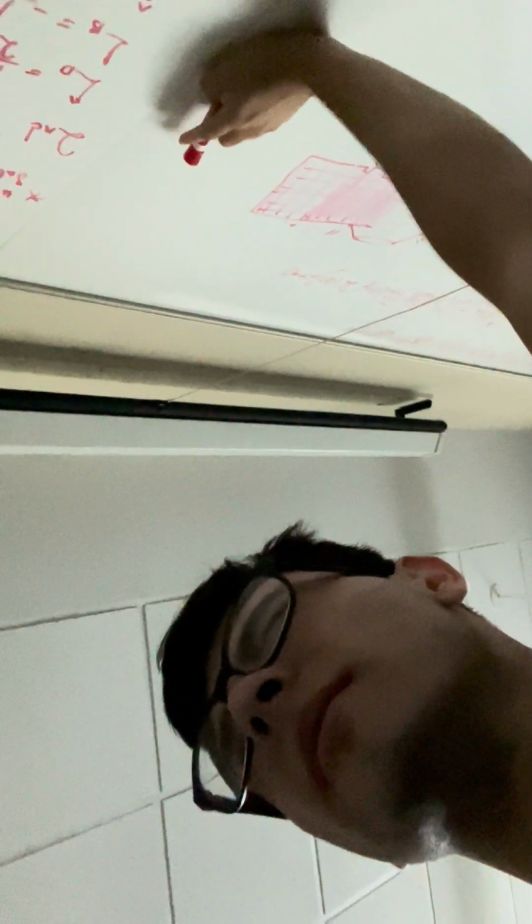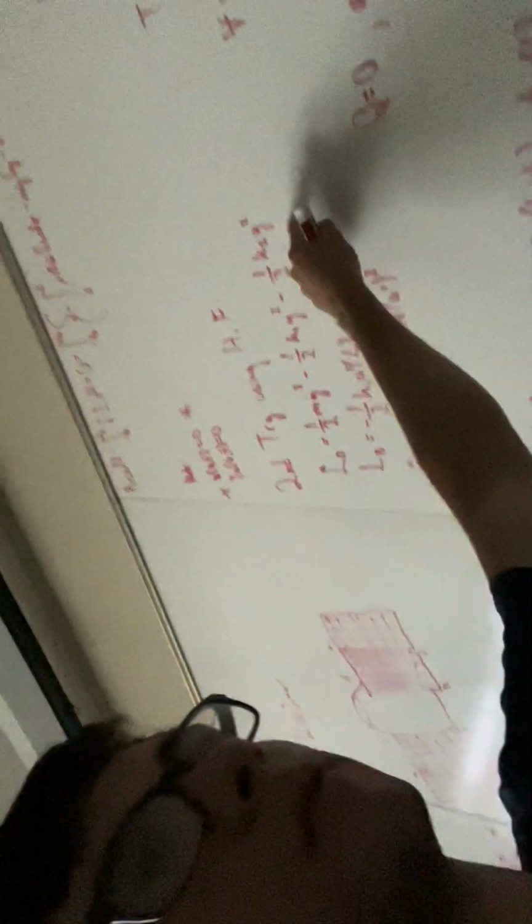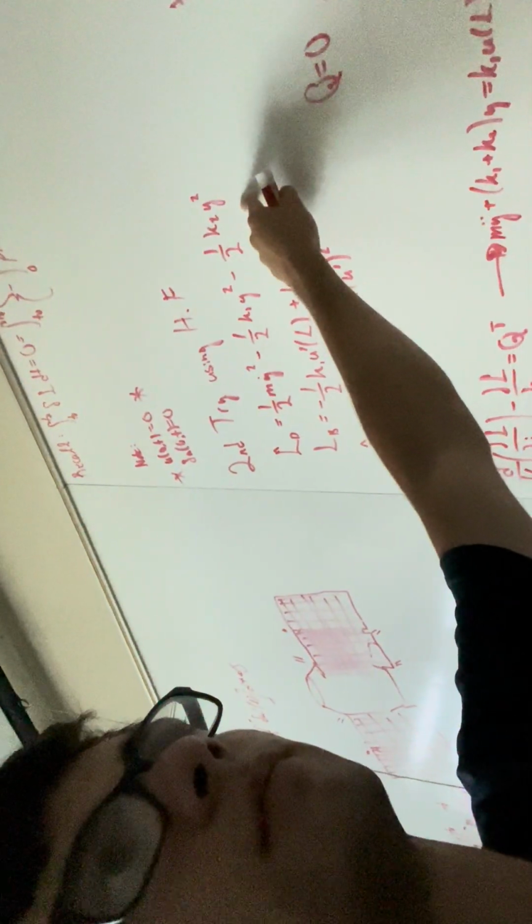What am I talking about? Lambda script discrete coordinates of 1/2 m times the discrete coordinate y squared minus 1/2 the constant. This is just the kinetic energy, the translational energy, and then the rotational energy.